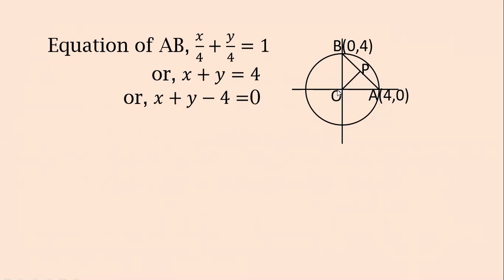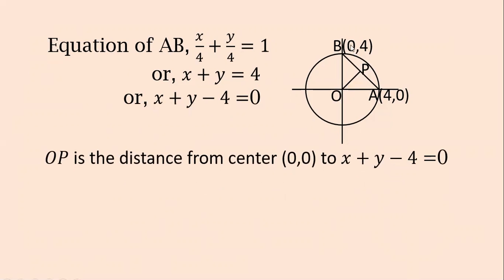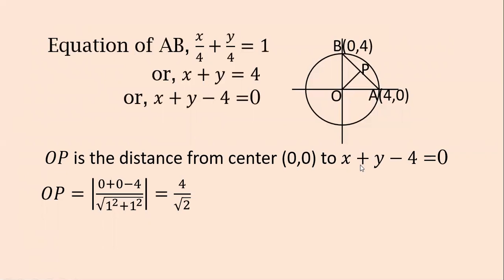Now, if we draw perpendicular OP, then what is the distance? Distance from origin. The center is (0, 0) here. So, distance from origin to this is equal to 4 by root 2. It is (0, 0) minus 4, and the square root of 1 square plus 1 square. This is the coefficient of x square, coefficient of y square.